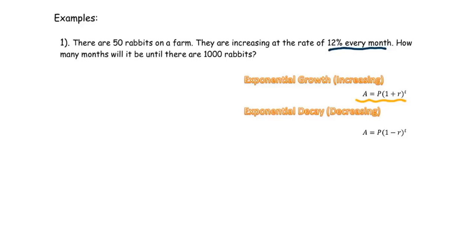We know A equals 1,000 and P equals 50 and R equals 0.12. Normally we change percent into decimal. And we're looking for T.